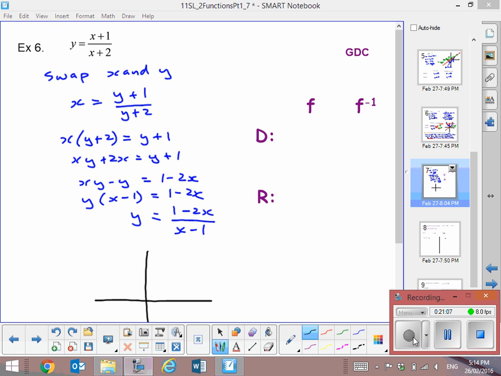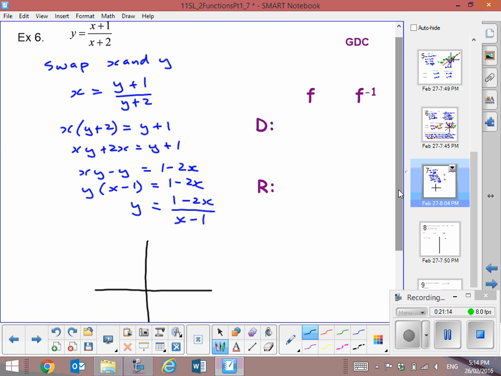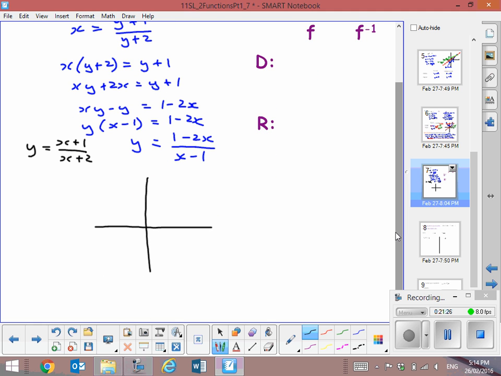All right, we need to work out domain and range. If we go from the original function, having just done the rational functions in the previous section, this hopefully will be easier for you. So if that's our original function, then our vertical asymptote is at x equal to minus 2.